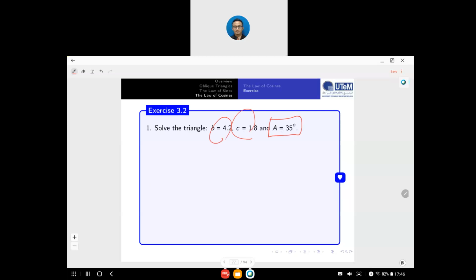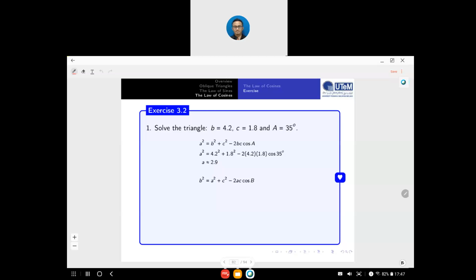When the angle is not opposite the length, we must use the law of cosine. So we can find the length a here: a squared equals b squared plus c squared minus 2bc cos A. You substitute all the values given and then we can get the value of a equal to 2.9.